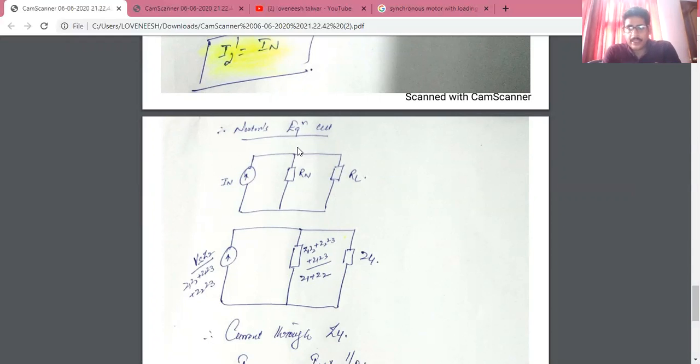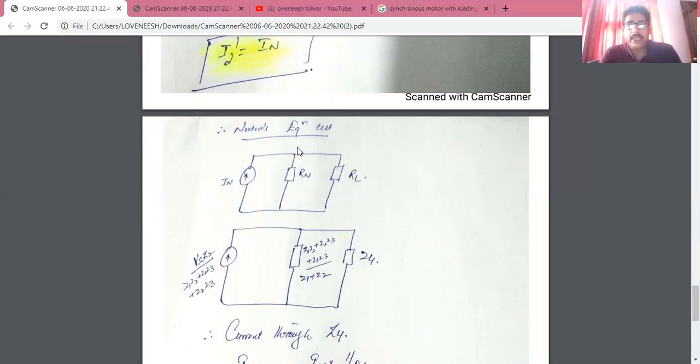Once you have calculated the Norton current and the Norton resistance, you can make the Norton equivalent circuit. In a Norton equivalent circuit, you have a Norton current source in parallel with the Norton equivalent resistance and in parallel with the load resistance. Remember, in a Thevenin circuit, we have the Thevenin equivalent voltage source in series with the load resistance and RTH. But here, all these three are in parallel.